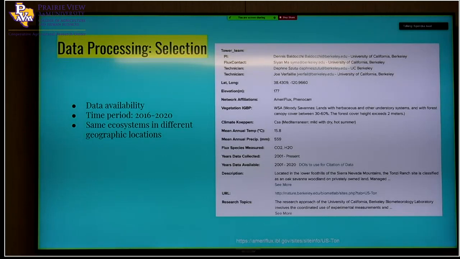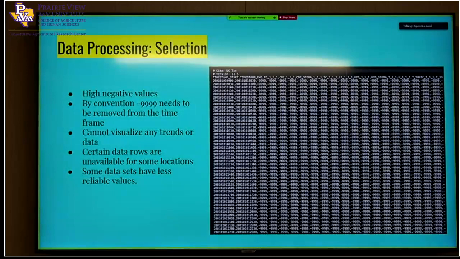We had some issues, of course, but we got through it. So some of the ecosystems and the different geography locations that we provided, again, throughout the United States. So we found that, as I mentioned, we ran into some issues.